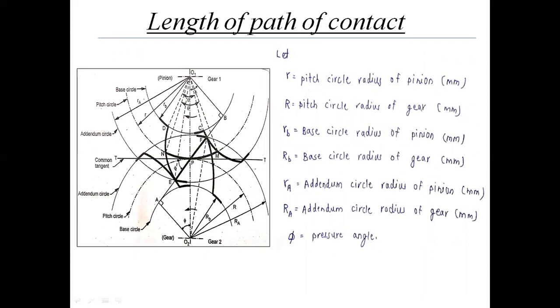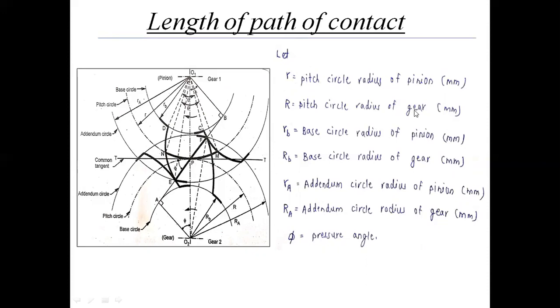Now come to the derivation part of the length of path of contact, and now we are going to derive this formula. What is the formula for the length of path of contact? Let small r be the pitch circle radius of the pinion, and we are using capital R for the pitch circle radius of the gear.